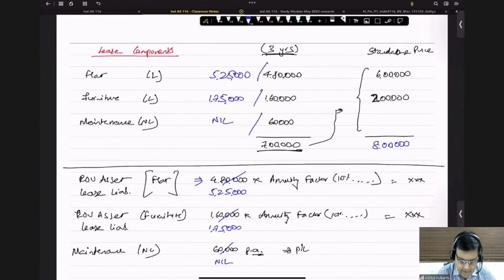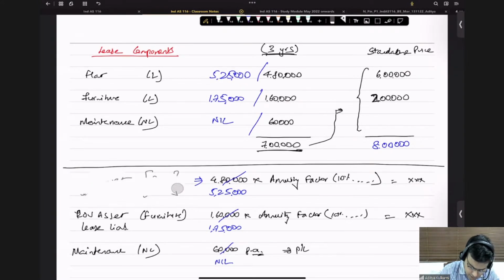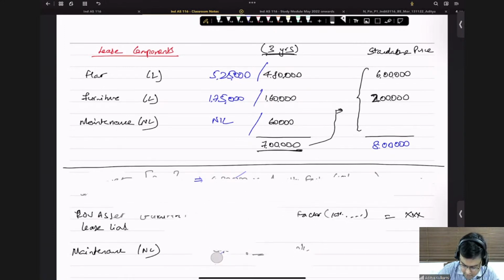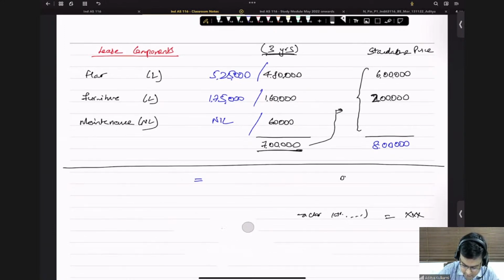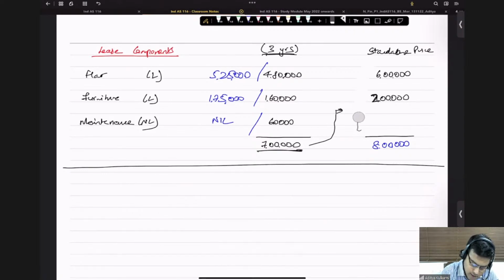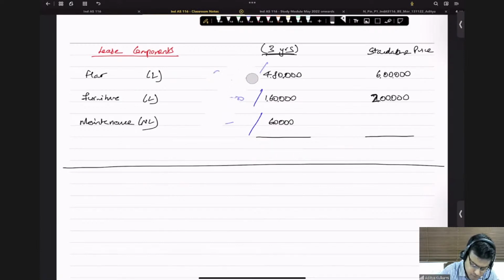So now let us come to the allocation part. Now I'll just wipe this off because I think by now you would be clear with the case. Now we come to how the allocation should happen.